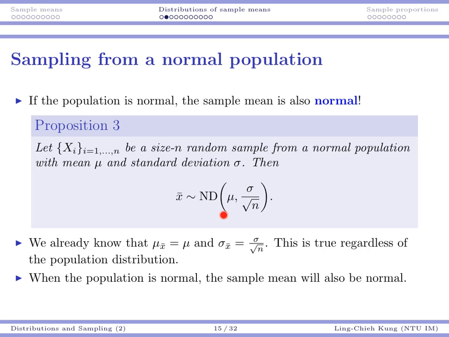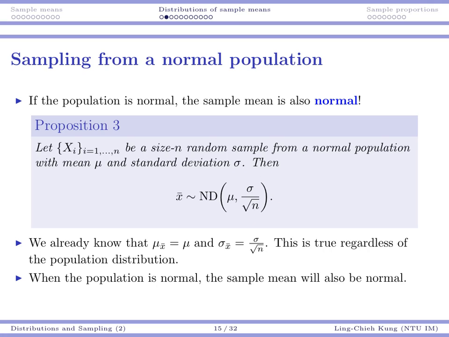The first two are actually old. We introduced them in proposition 1 in the previous videos, so we already know that. What's new from the fact that the population is normal is that now the sample mean would also be normal.